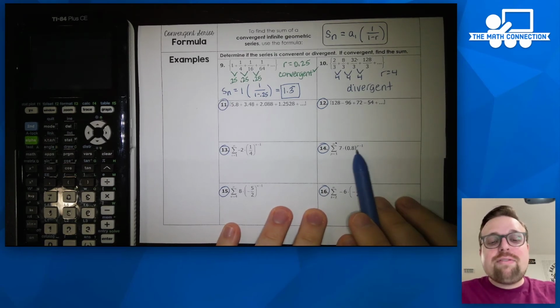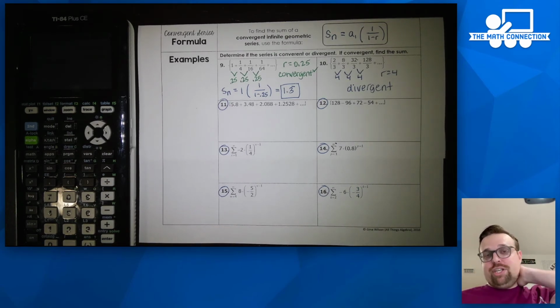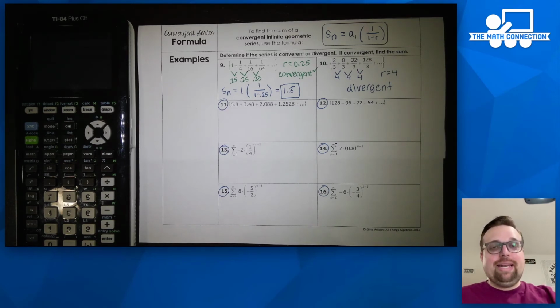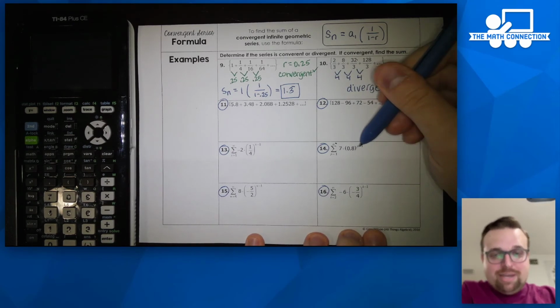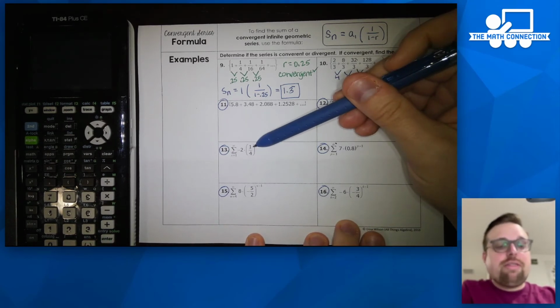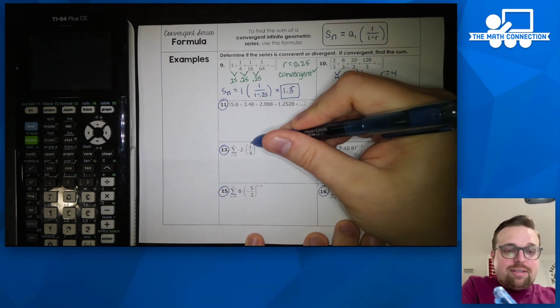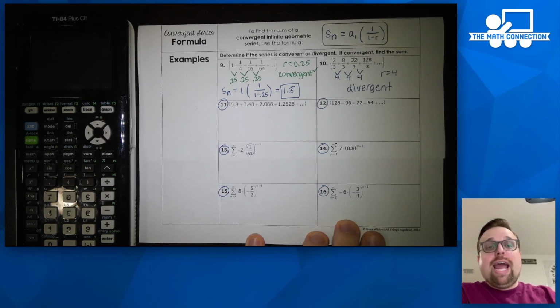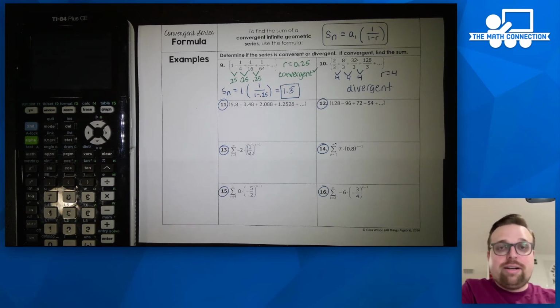Next to it, you have the rule that describes that geometric series. And so you can tell immediately what the r values are for these by looking at what's being raised to the power. So if we look at 13, what's being raised to the power is 1/4, and 1/4 is less than 1. And so that means this is convergent. So we can find the sum here, okay?